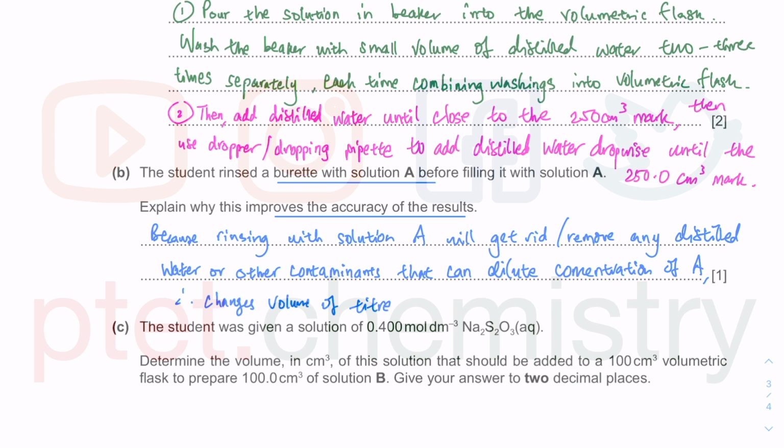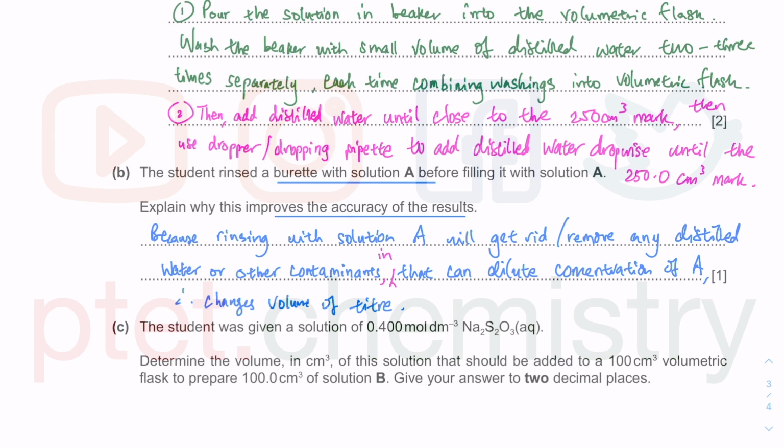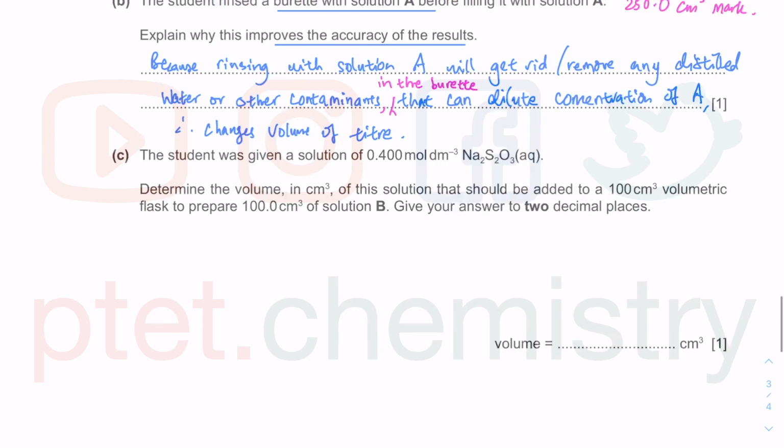So by doing this rinsing with A, you avoid it because you will get rid of these things, or other contaminants, I should say, in the burette. And these things can cause a different titre, because once the concentration of your solution in the burette gets a little bit diluted, then they can affect your final endpoint there.